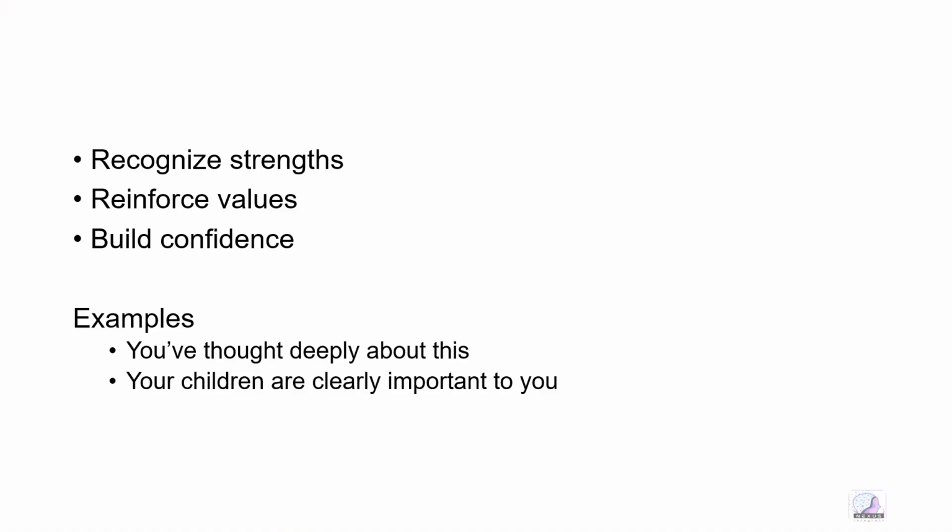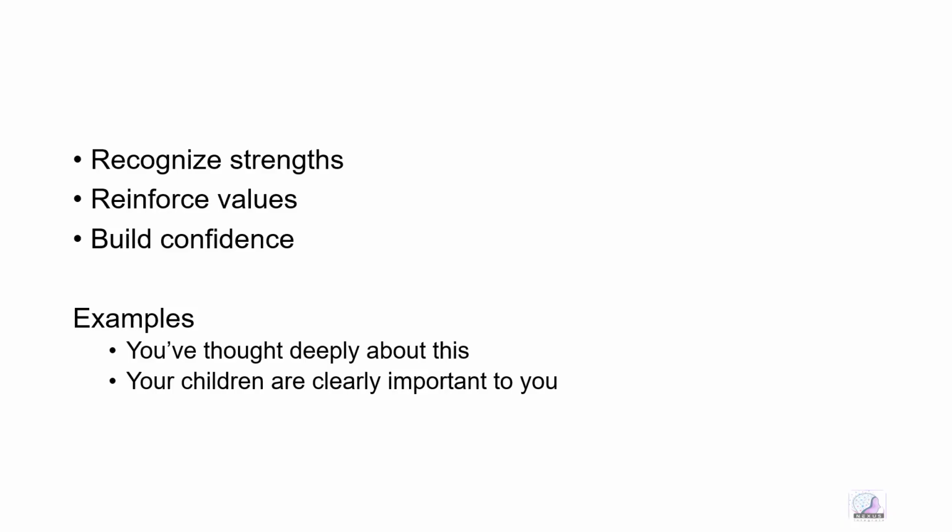All right, so we've done the O, that's open questions. Now we do, using the O again, you have to recognize a person's strengths. You have to reinforce their values. You have to build their confidence. An example is when a person gives you an answer and you recognize that they have thoughts about it. It's like, you've thought deeply about this.